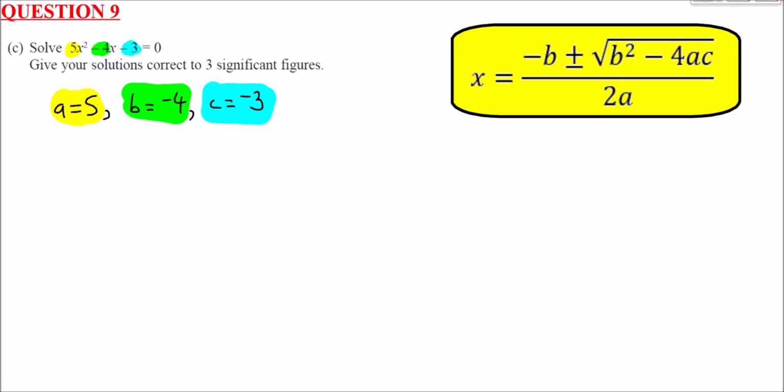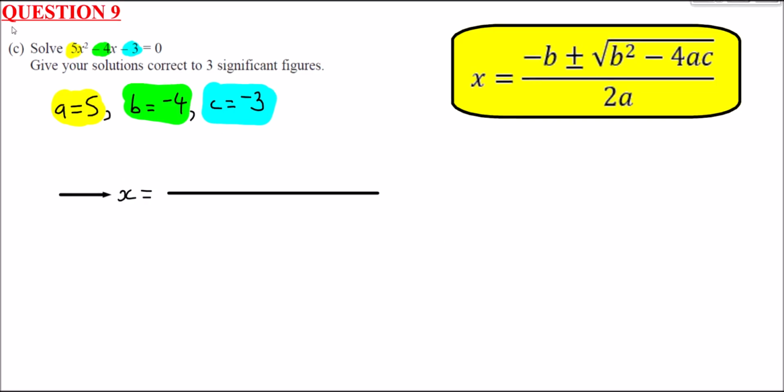So, sticking these numbers into the equation, over here, we can see that x is going to be, let's get the fraction line drawn out ready, x equals -b, which now, and this is going to be a double negative. So in our case, -b is going to be -4. So I'm going to write it down so you can see where the numbers come from.